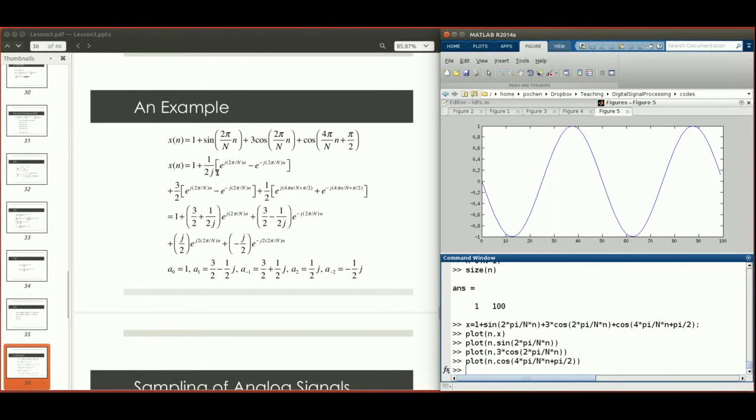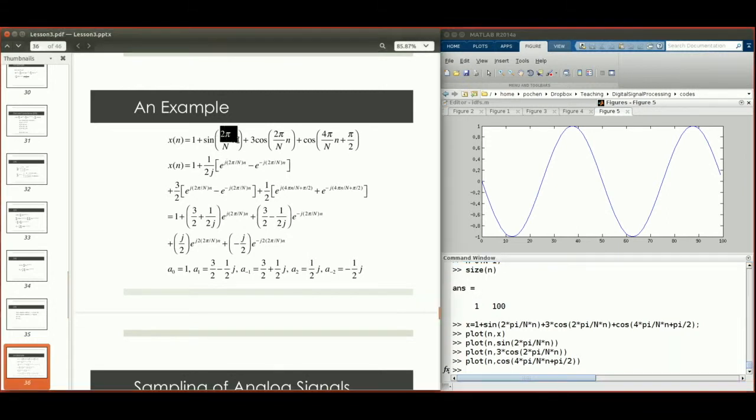We can write sine as one exponential subtracted from the other exponential, where the coefficient is 2 pi divided by big N times n. So it's e to the j 2 pi divided by big N times n, subtract e to the minus j 2 pi divided by big N times n.